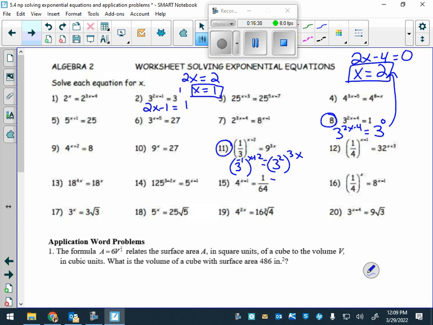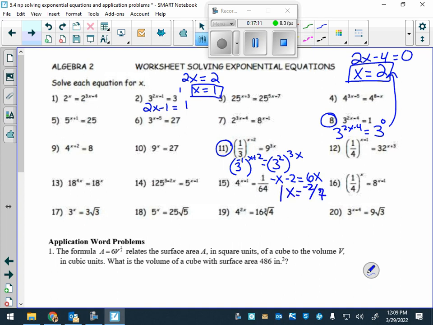So -x minus 2 equals 6x. What do we end up getting? What does x equal? -2/7. Good.